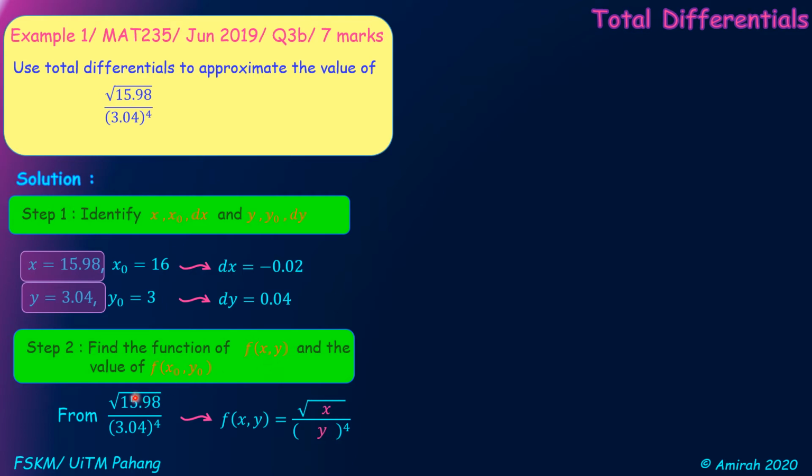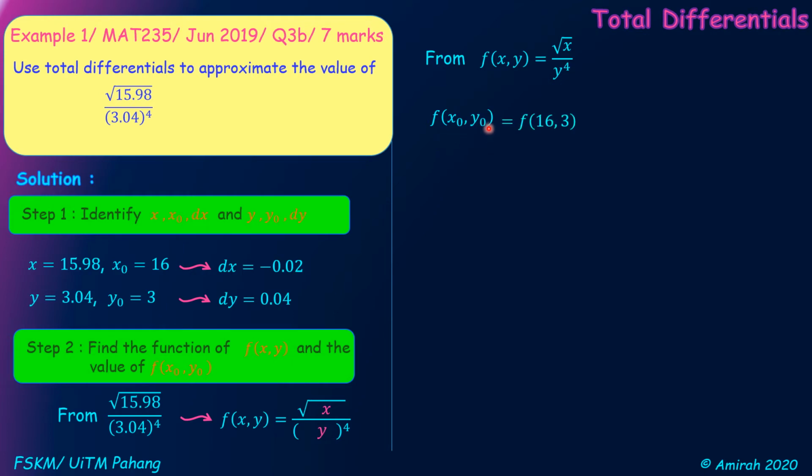Then we can find the value of f(x0,y0). From f(x,y) equals the square root of x over y to the power of 4, we can find f(x0,y0). Before that, x0 equals 16 from step 1 and y0 equals 3.